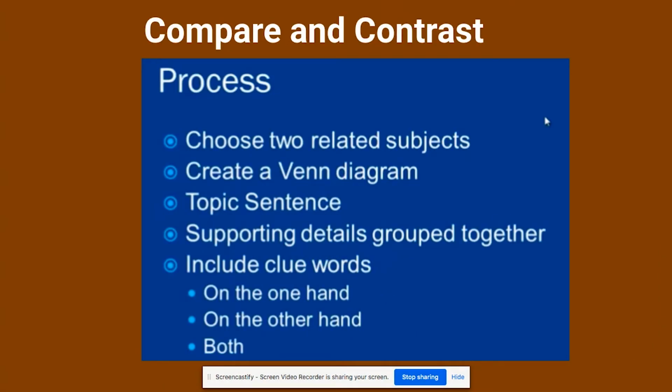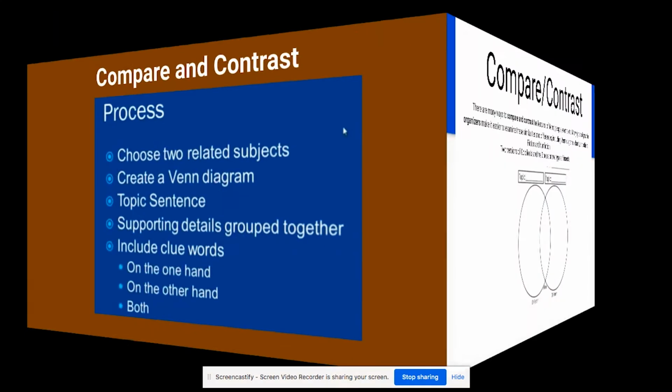Let's talk about another thing that we can use. Compare and contrast. We can take 2 related subjects, use a Venn diagram and a topic sentence, show how those details are grouped together using some clue words like on one hand or on the other hand, and always ending with the word both.